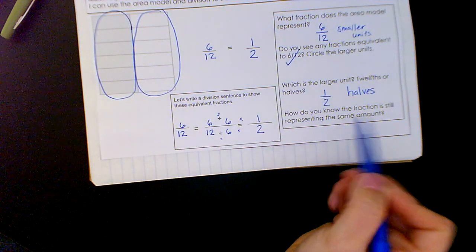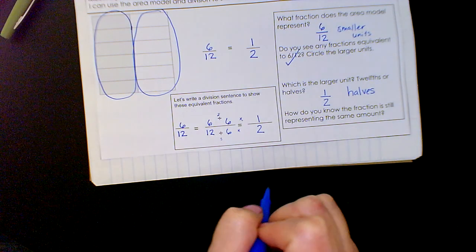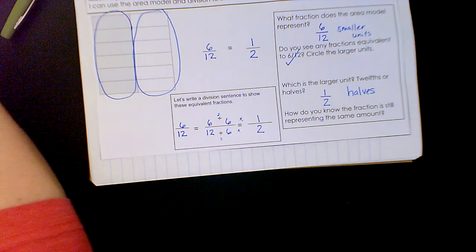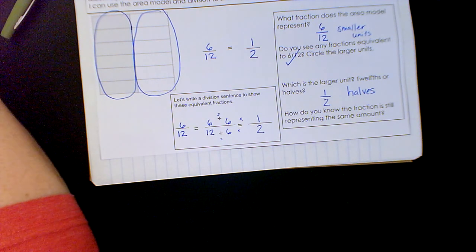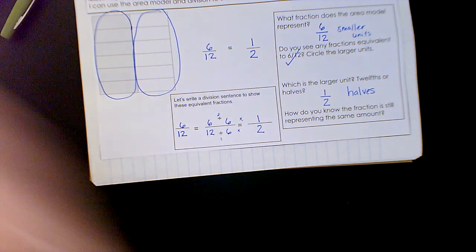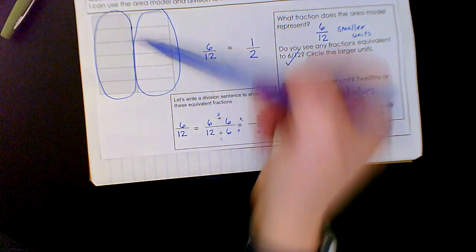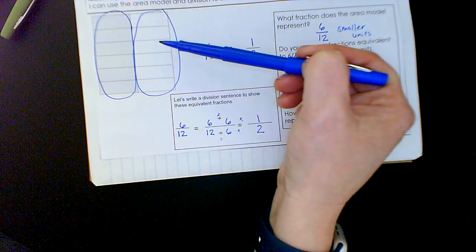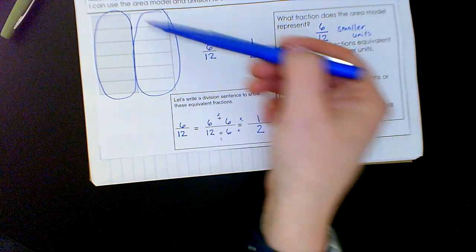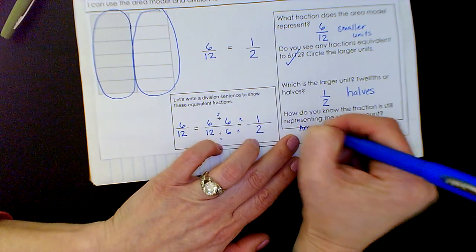So it says, how do you know the fraction is still representing the same amount? I want you to think about that. Okay, how do you know the fraction is still representing the same amount? Because, 4th grade, did I take anything away? Did I add anything to that area model? I didn't. I have the same area model.